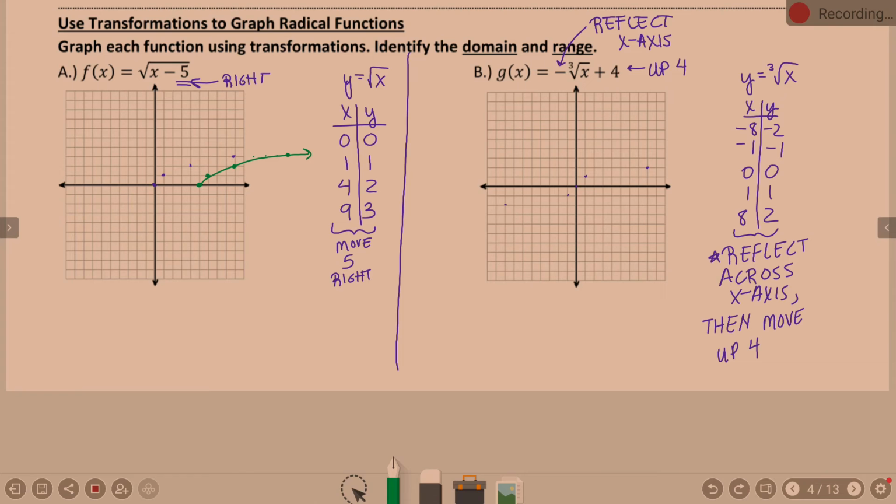So I'm going to take this point and flip it up. So (-8, -2) and (-1, -1) are flipping up. (0, 0) just gets to hang out where it is. (1, 1) flips down, and (8, 2) flips down. So right there in green are my reflected points.